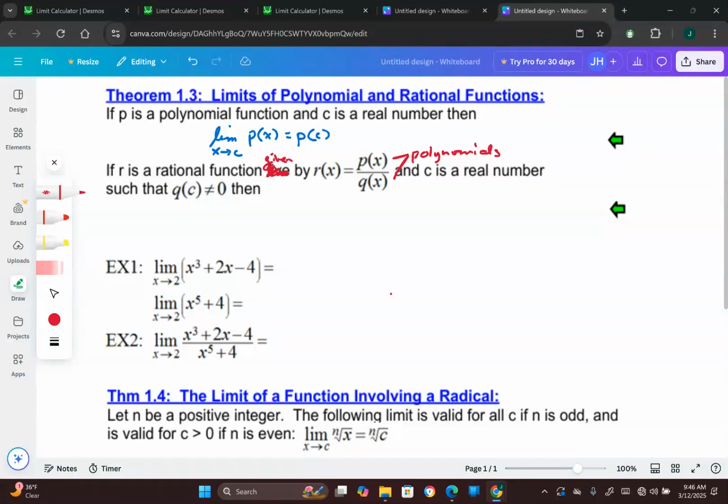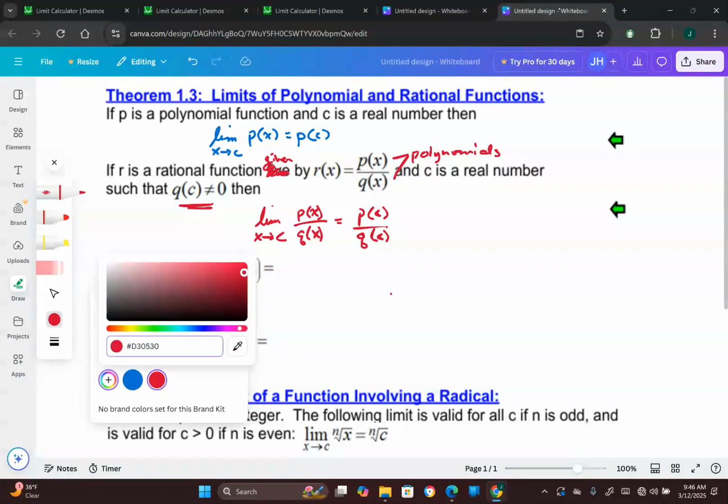Now p of x is a polynomial, and q of x is a polynomial, and we make sure that q of c does not equal 0. Then the limit as x approaches c of p of x over q of x, in other words, we're finding the limit of r of x, it's just going to be p of c divided by q of c. We're just going to plug the number into the rational function as well.